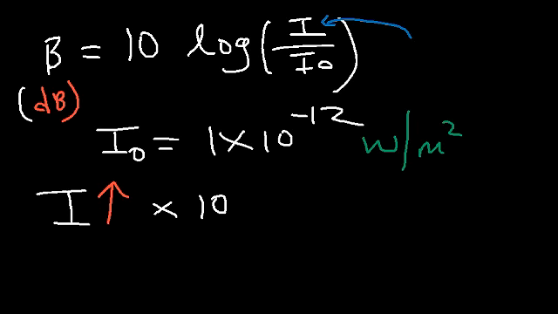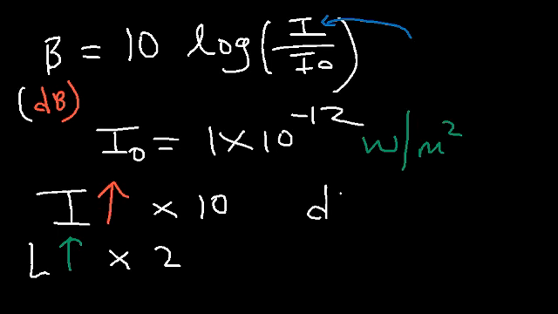The loudness, which I'm just going to use L, will not increase by a factor of 10. It's going to increase by a factor of 2. So if you increase the intensity by a factor of 10, the sound wave is not going to sound 10 times louder. To us, it's only going to sound 2 times as loud, or twice as loud.